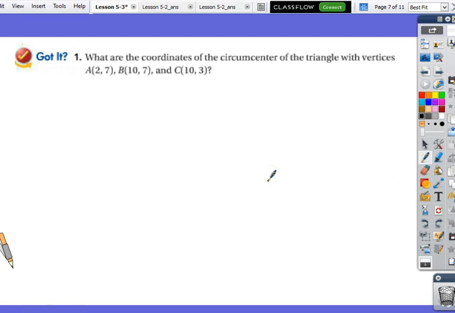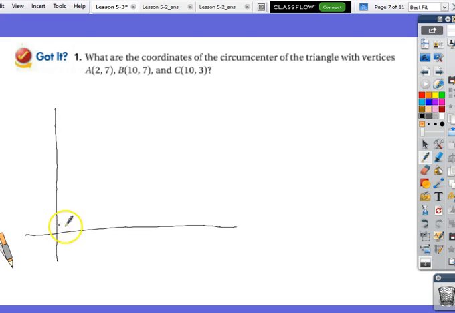All right, so once again, I want to find the circumcenter. I know that the circumcenter is the midpoint of the hypotenuse of a right triangle. I notice that all of my numbers are mostly positive, so I'm going to make a really big coordinate area for my sketch.